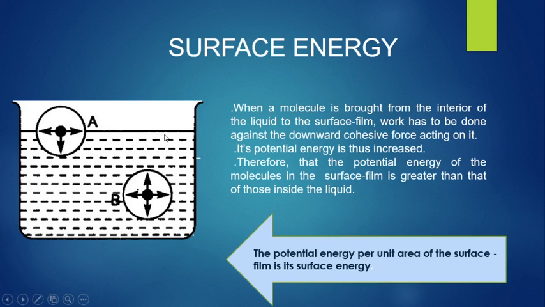Normally, due to surface tension, there is a force in the downward direction, and we have to move this molecule B against this downward force. So we have to do work to bring molecule B to the free surface or surface film.